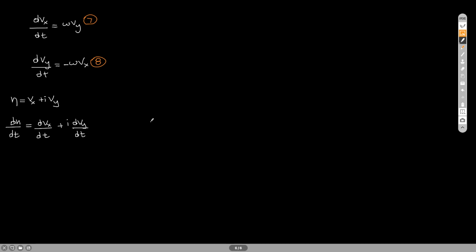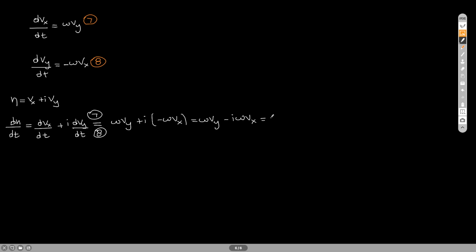I will use these two equations here. Equation 7, equation 8. dvx over dt is omega vy, and I have plus i dvy dt, which is minus omega vx. I used my differential equations here, and this will give me omega vy minus i omega vx.